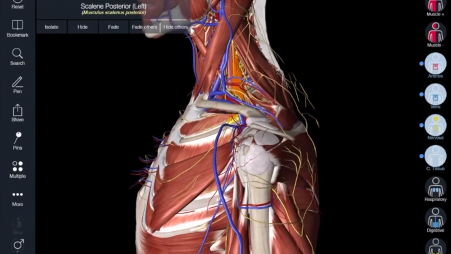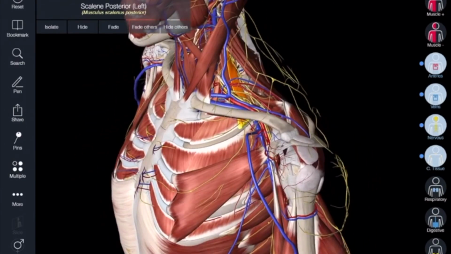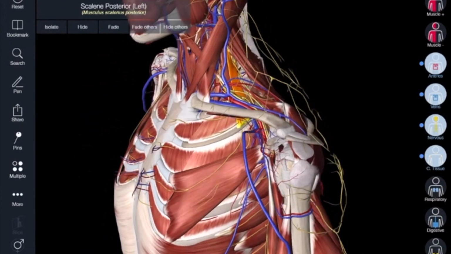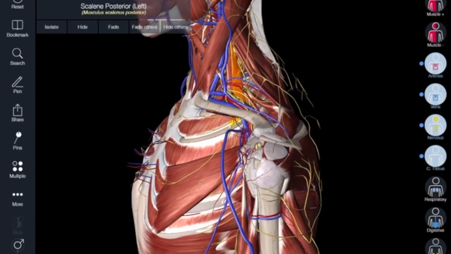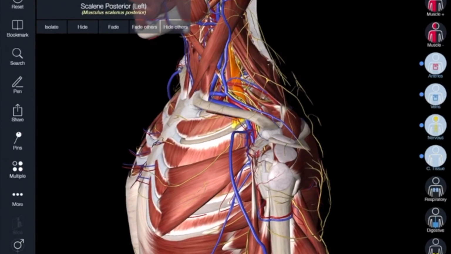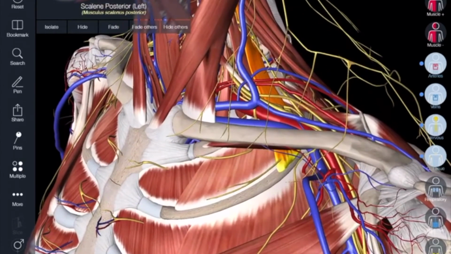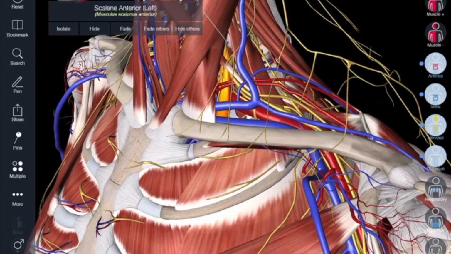So now we begin to see some other aspects of the scalenes. The muscle I have indicated here is the posterior scalene. Just anterior to it is the middle scalene. Now, I don't know if I can zoom in, but here is the anterior scalene.